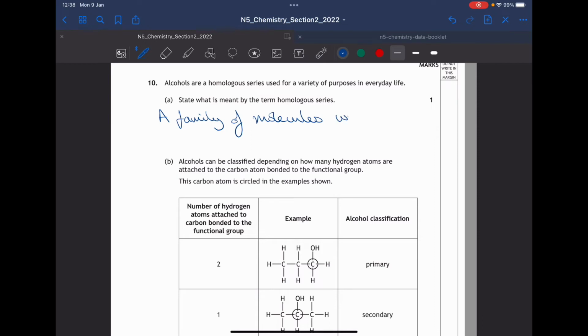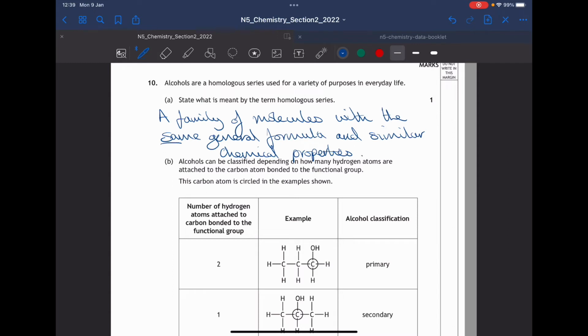Family of molecules with the same general formula and similar chemical properties. Okay, so molecules with the same general formula and similar chemical properties.